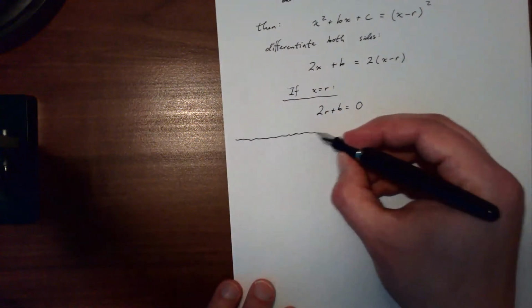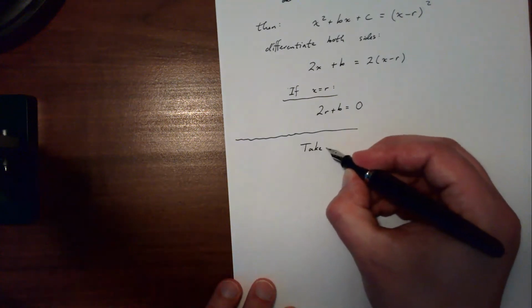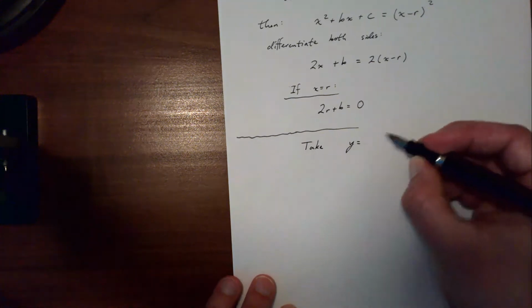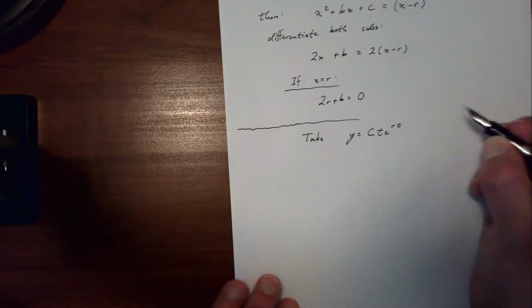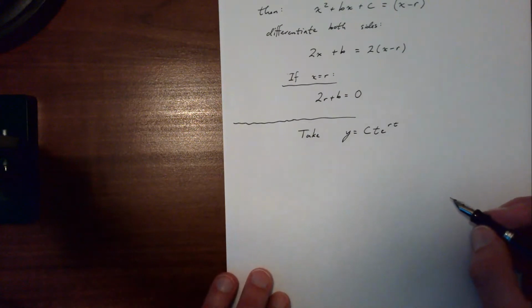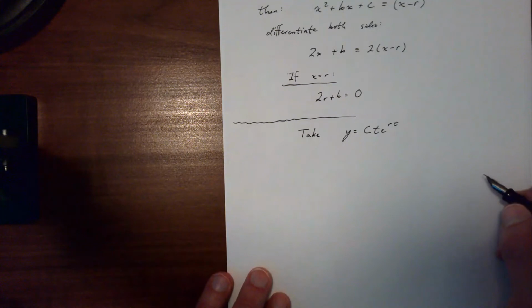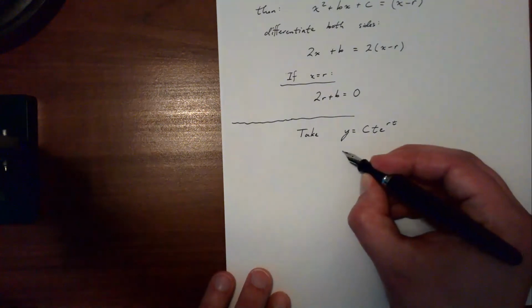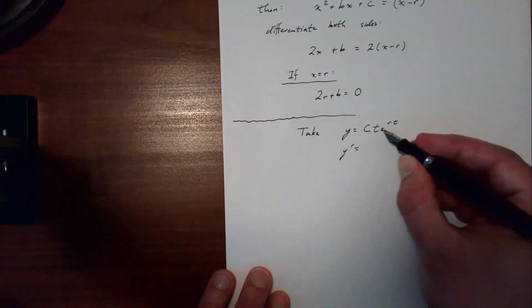Alright, so then take y equals c t e to the rt, and we'll take its derivative and its second derivative. We'll run them through the differential equations ringer and see what happens. So then, the derivative will require the product rule here.